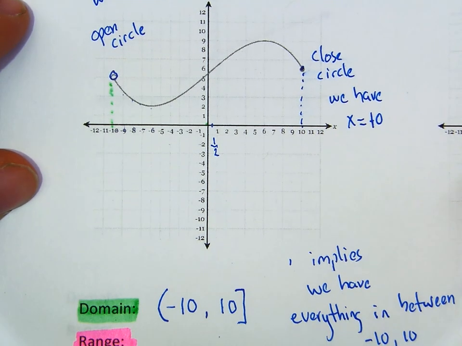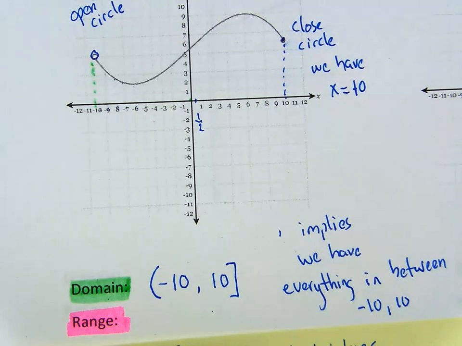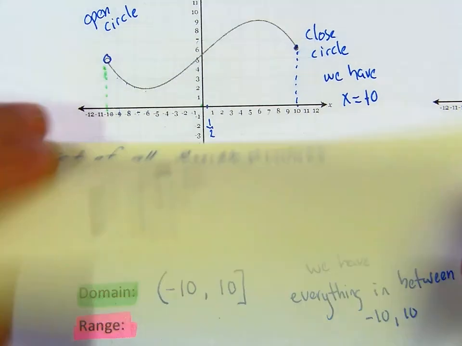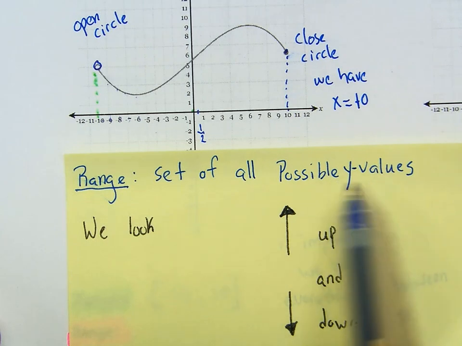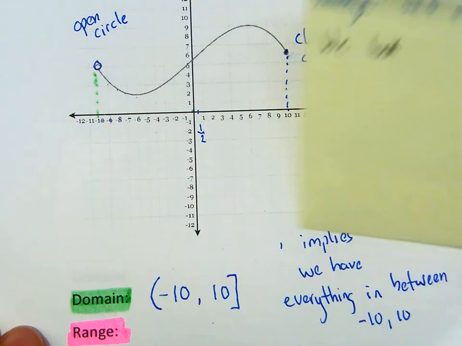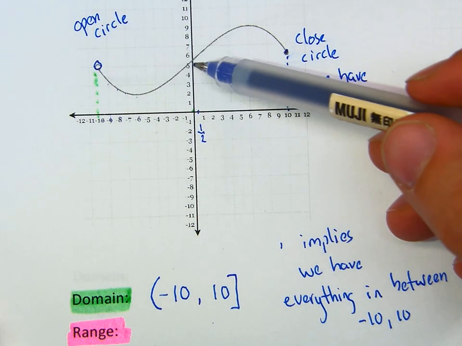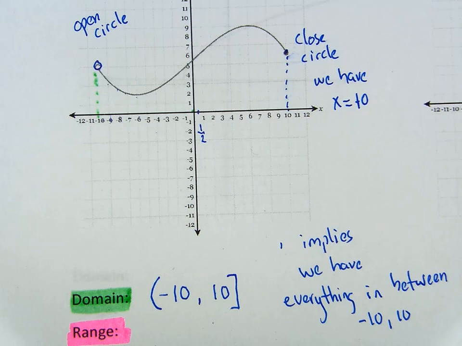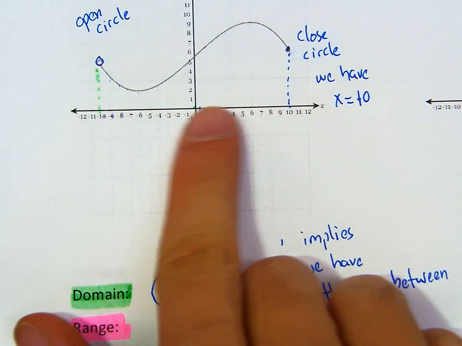Okay, now let's look at the next idea, which is range. How do you find the range of this graph? The range is the set of all possible y values, and we're going to look up and down. Before, we looked left and right for the domain.